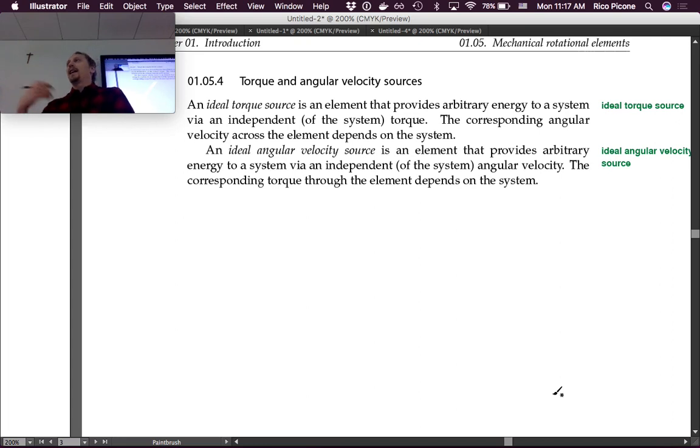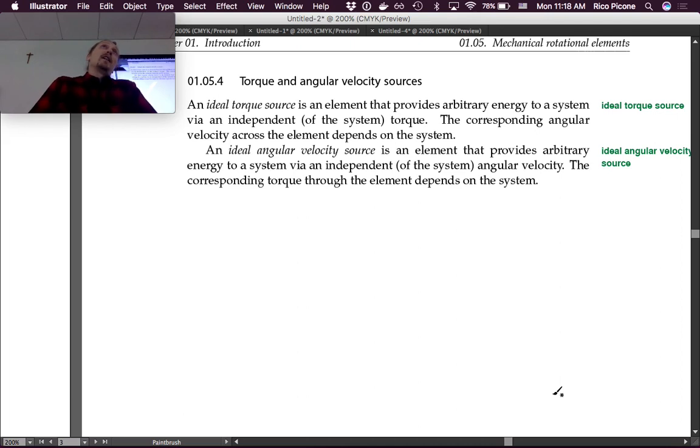Because at some point it can't provide the torque necessary to make that angular velocity happen, but it tries to. Like if you say spin at 500 RPM, it tries to spin at 500 RPM. It might not be able to actually spin at 500 RPM, but it tries to. So it approximates an angular velocity source. You can also control the torque too. So you can have a motor that you're controlling the torque for. And those can be considered to be torque and angular velocity sources.